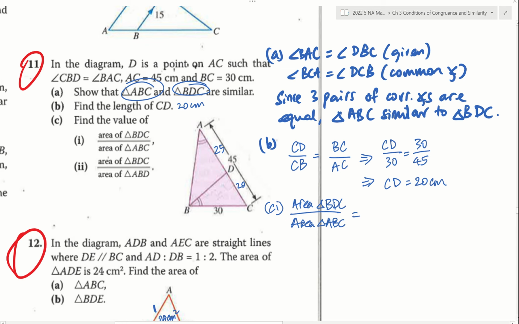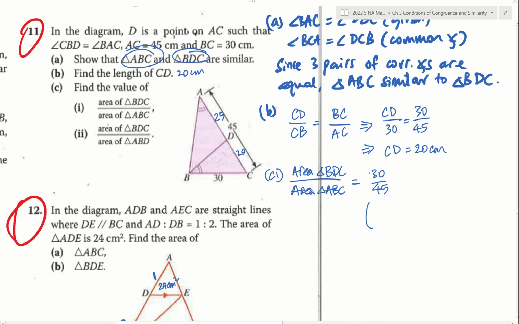Just need a pair of corresponding sides, small triangle divided by big triangle. So many options you can choose from. For example, your BC over AC, 30 over 45, and we need to square it. We get 4 over 9. So the area ratio is 4 over 9.